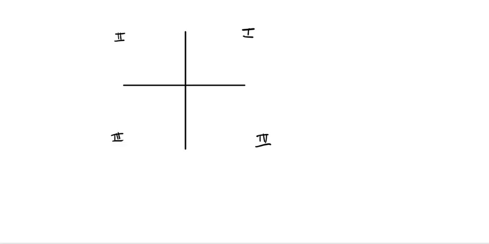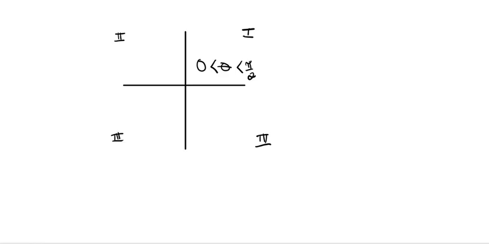Okay, so if we're talking about between 0 and 2 pi, the first rotation of an angle in the circle, then the angles that lie in quadrant 1 range from 0, but it does not include 0 because 0 is not in quadrant 1, it's on the x-axis, to pi over 2.